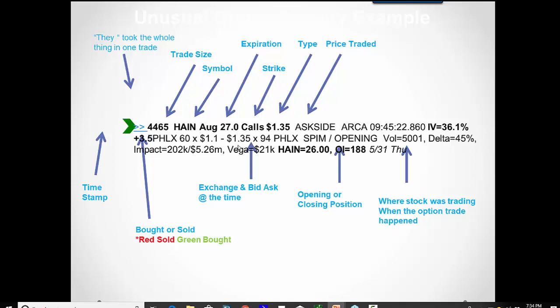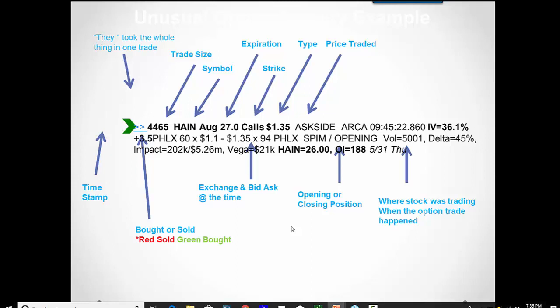Okay? So institutional order flow in the option market, a trader bought 4,465 Hain Celestial August 27 calls for $1.35. And it shows where the stock was trading, $26 at the time.